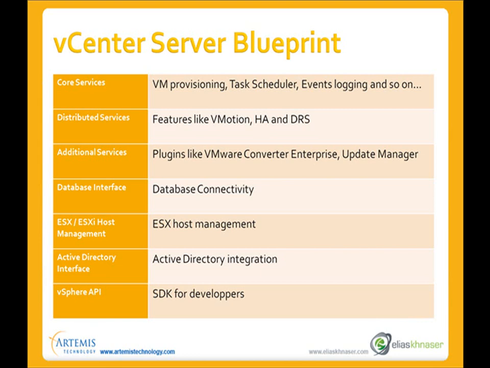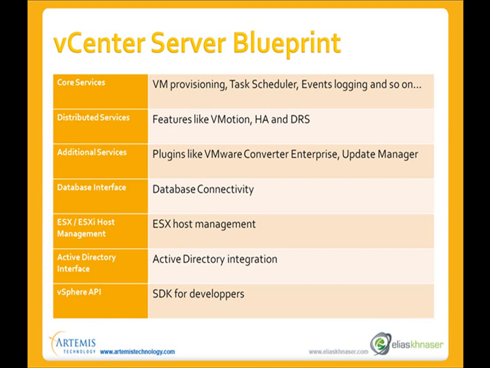Then you have the distributed services. This part of Virtual Center Server is responsible for enterprise features like vMotion, high availability, and DRS. Then you have the additional services. This piece of Virtual Center is what allows for integration of plugins that can be installed manually outside of the Virtual Center installation.